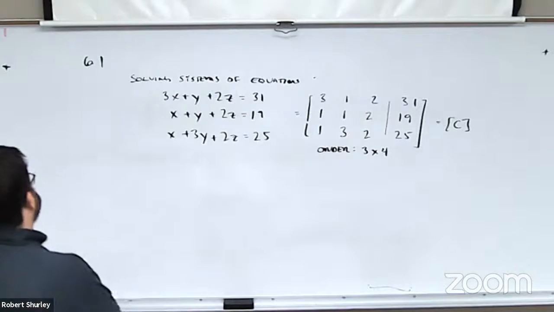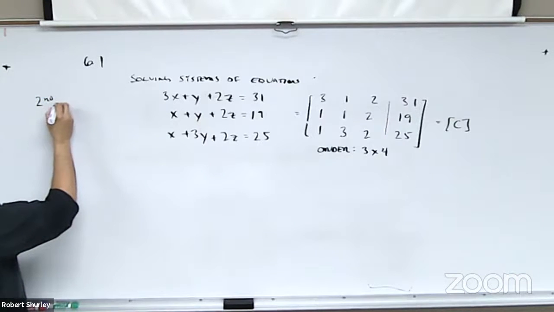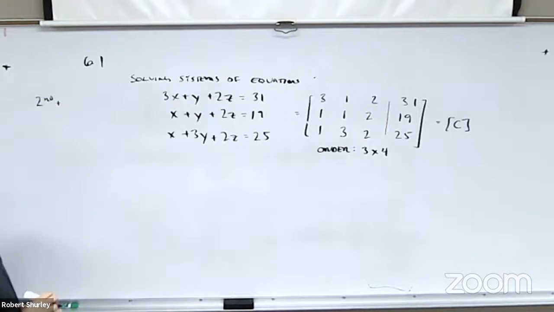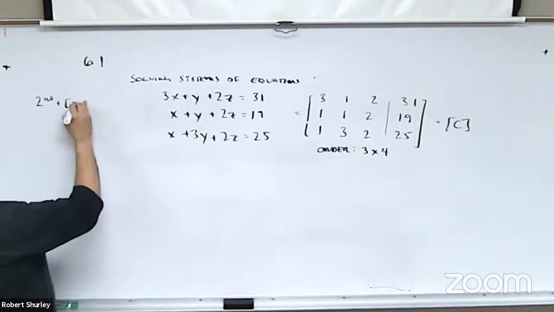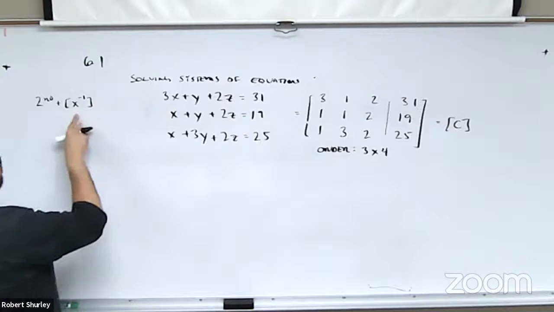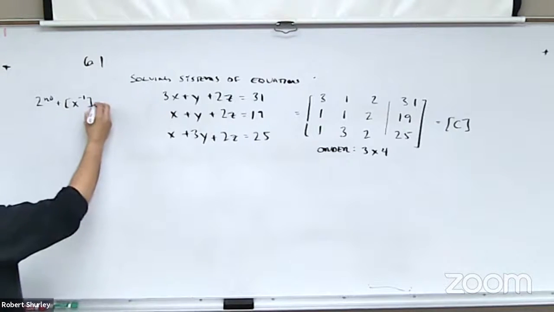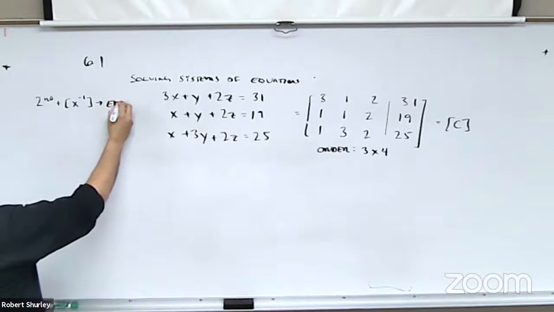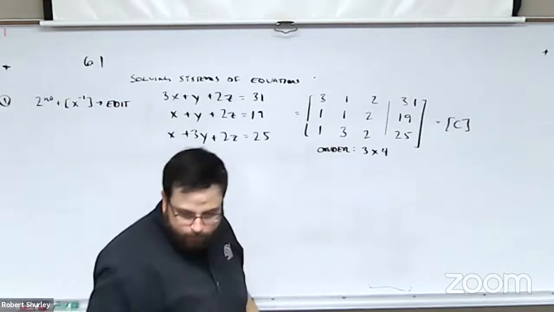Let me write these steps down. So second, plus, is it x to the -1? Yeah. That gets you to the matrix options, right? And then we want to do edit. So that's step one.